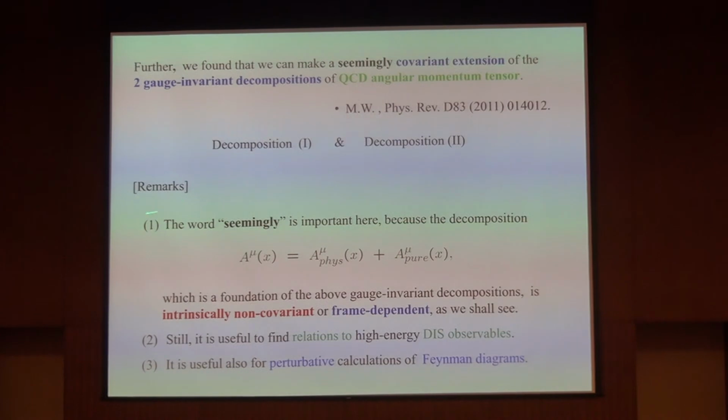The word seemingly is important here because the following decomposition, which is a foundation of the above decomposition, is intrinsically non-covariant or frame dependent, as we shall see. Still, it is useful to find the relation to hadron DIS observables. It is also useful for practical calculation of Feynman diagrams.